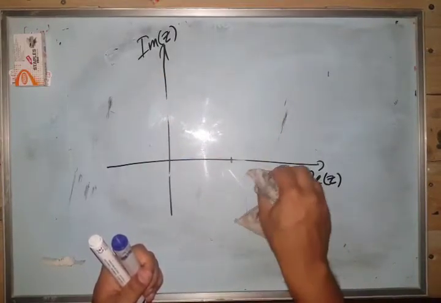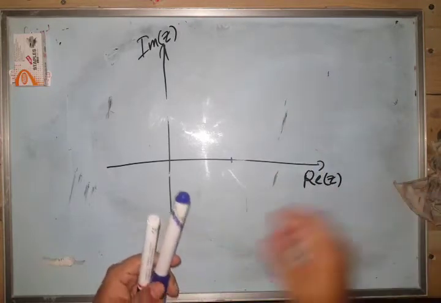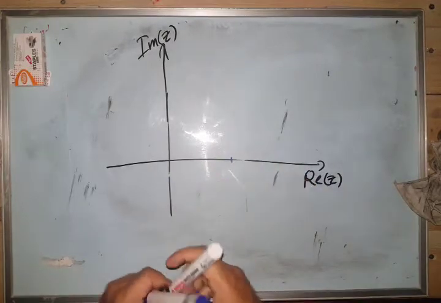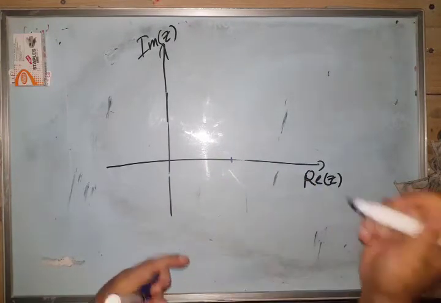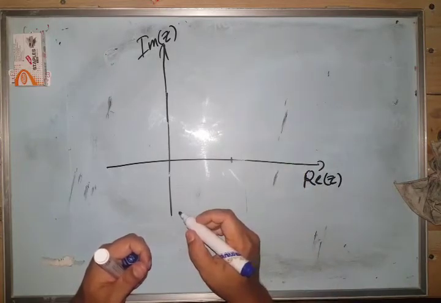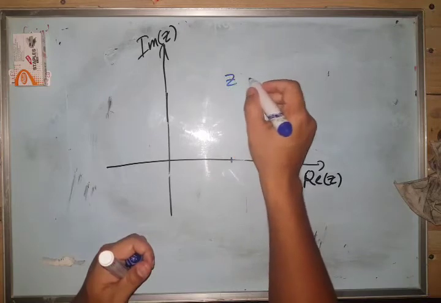Under this course you are supposed to learn about two types of loci, and you should be able to represent graphically a complex number.